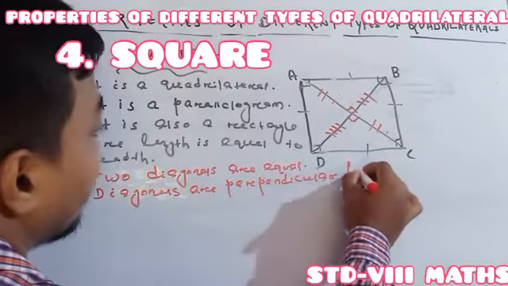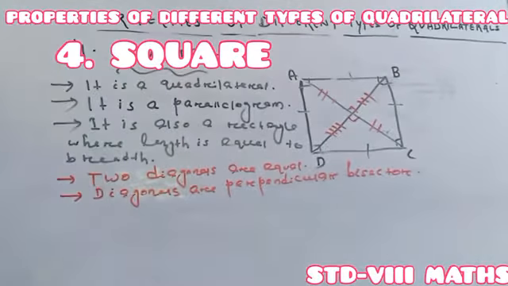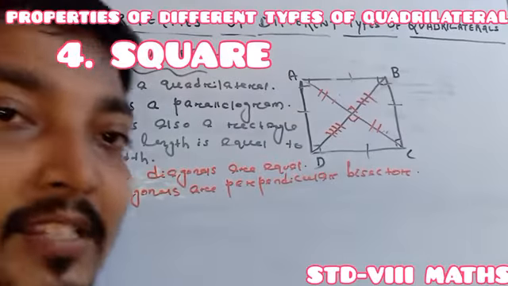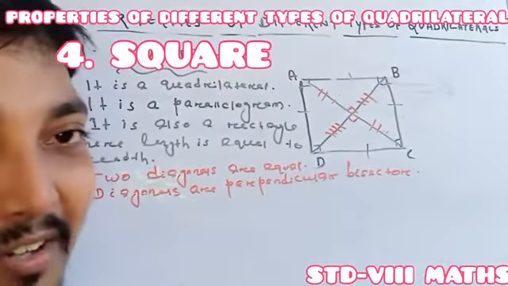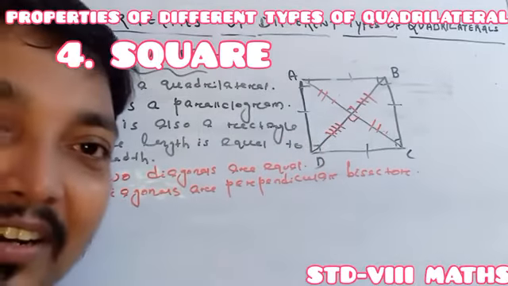Both the diagonals are perpendicular bisector. You just have to remember. Understood or not understood? Both the diagonals are equal. Understood perfectly or not understood?